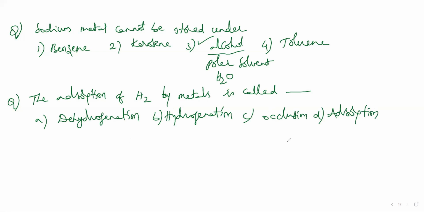So the adsorption of hydrogen by metals, that is occlusion. Hydrogen gas adsorbed on palladium metal surface. That is what we call occlusion of hydrogen. Okay.